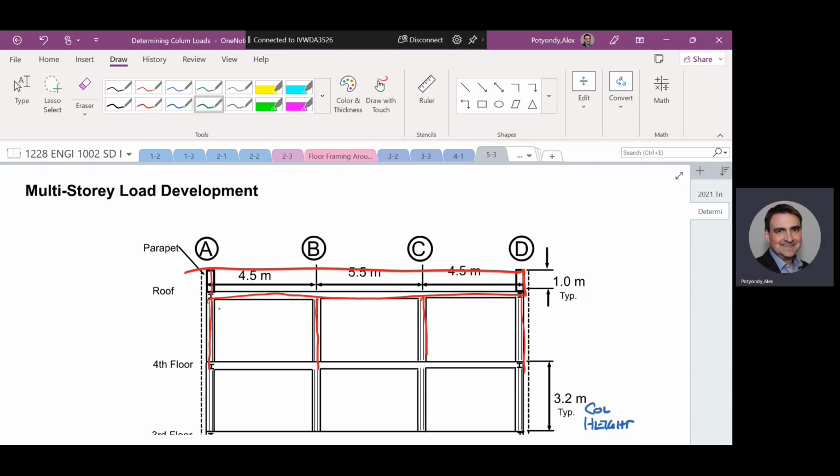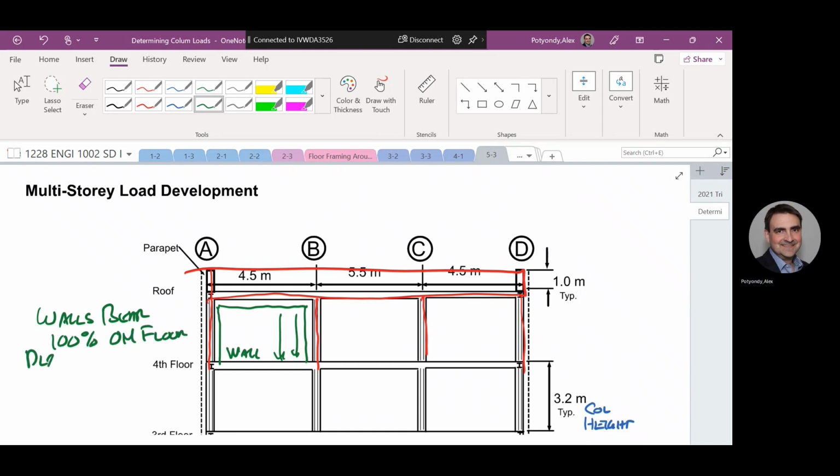Note that the wall we consider is 100% to the floor below. The walls are stood up. And when we do this calculation, we don't typically assume that the wall would be hung off of the roof. Walls bear 100% on floor deck below. They are not hung.